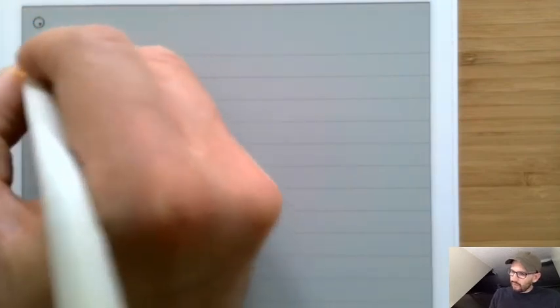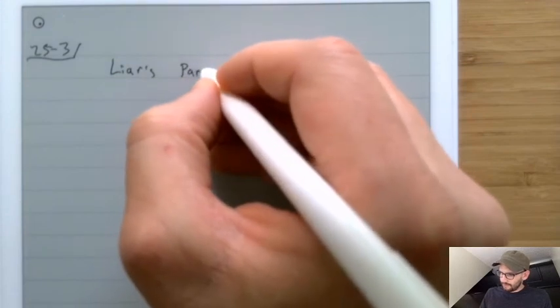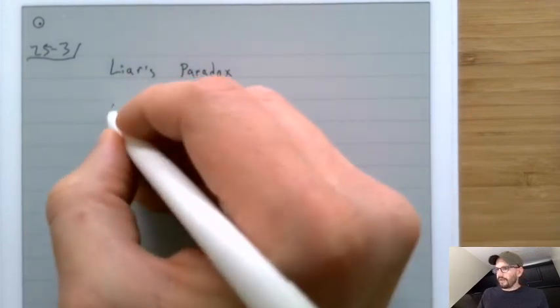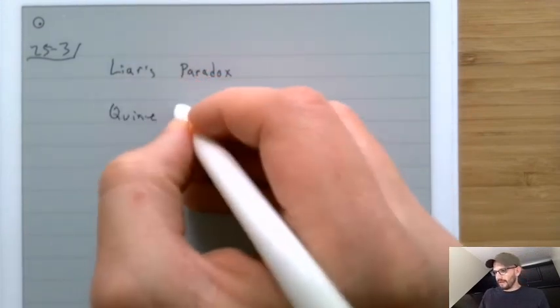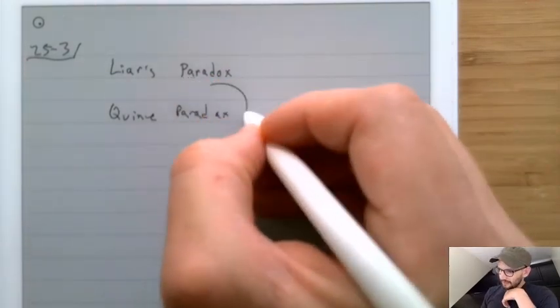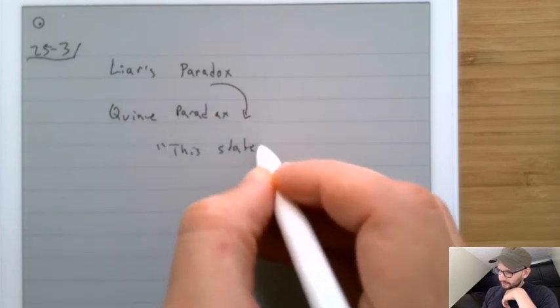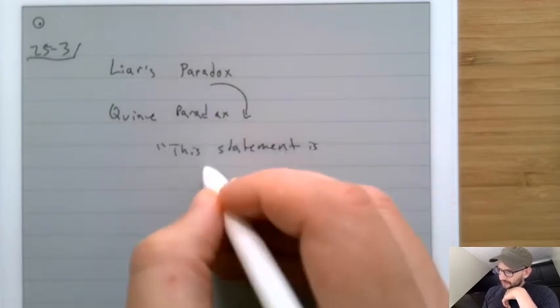This is an application of what is called the liar's paradox, or the Quine paradox. The liar's paradox is when you write something like, this statement is false.